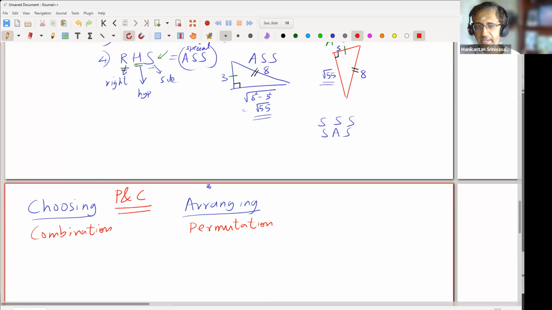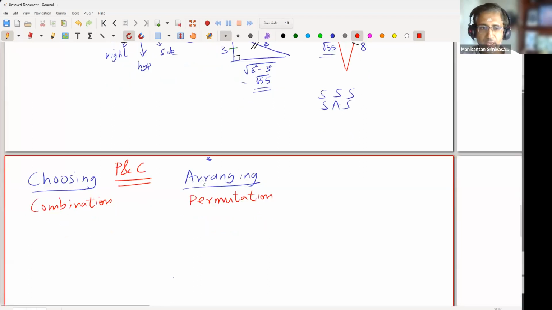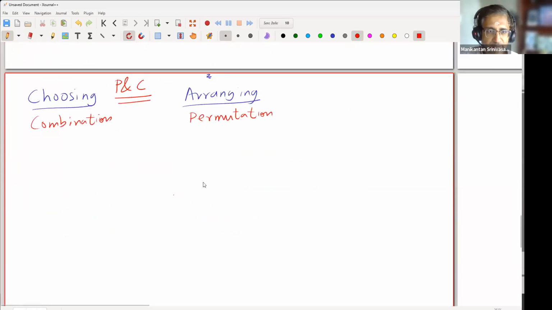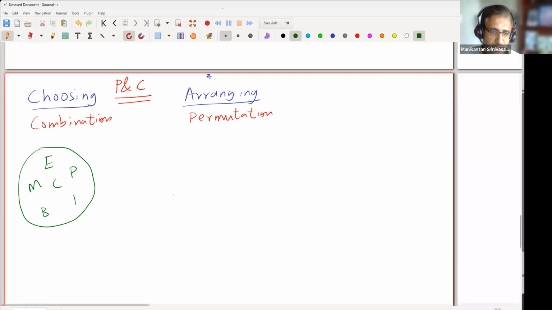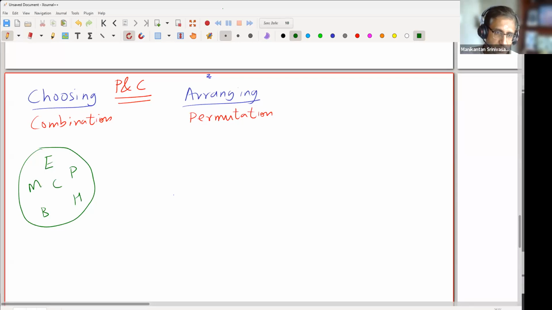Okay, so first let's study the choosing business. So choosing, what does it mean? Suppose I have a bag or a library of several books. Let's say, I don't know, English, maths, physics, chemistry, bio, history, geography, and computers.